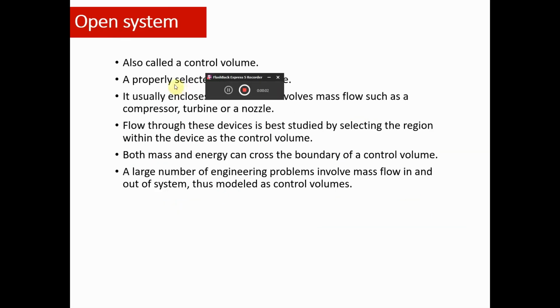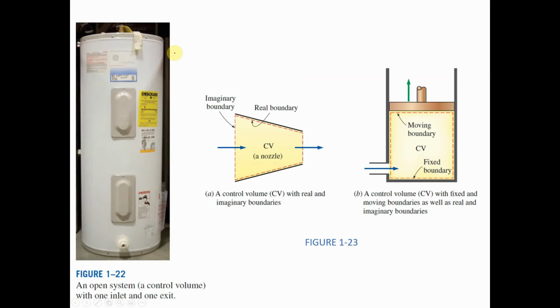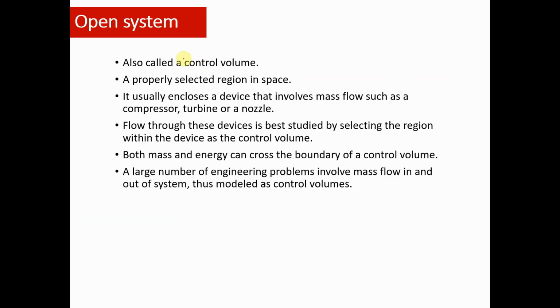For the open system, as I mentioned before, it is known as a control volume instead of the control mass. This is due to the fact that the mass will go in and go out, for example, for devices that normally have this, such as compressor, turbine, nozzle, or filter.